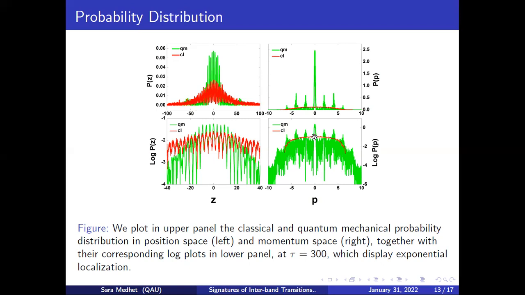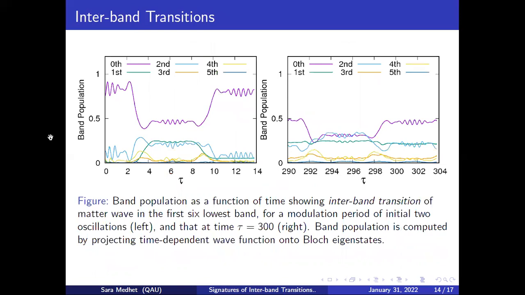Using the values we have taken, we can see that the maximum population resides in the zeroth band, and after that, the first, second, and third bands are maximally populated, and after that, we can see a sharp exponential decrease.